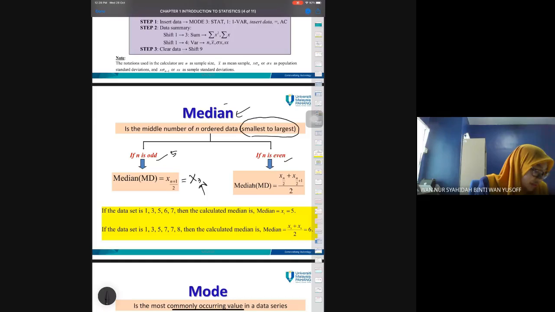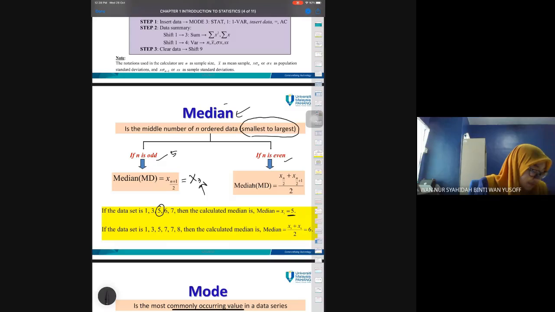So 1, 2, 3, and 5 is the answer. So the median equals 5, not 3. The 3 here is the location of your data, data number 3 in order.